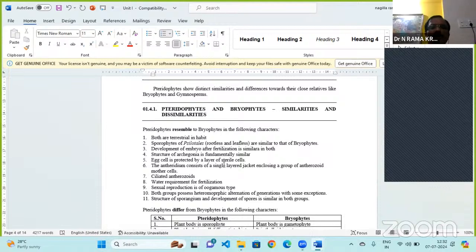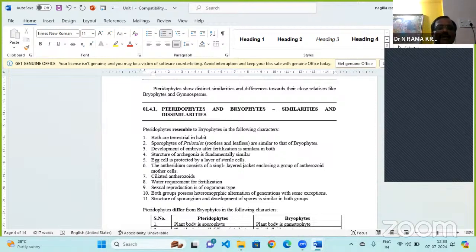The structure of archegonia is fundamentally almost similar in bryophytic groups. The egg cells are protected by a layer of sterile cells. Antheridia consist of a single-layered jacket enclosing a group of antherozoid mother cells.